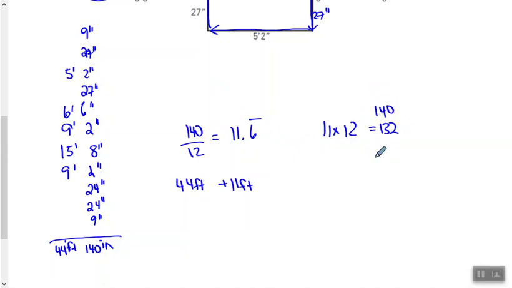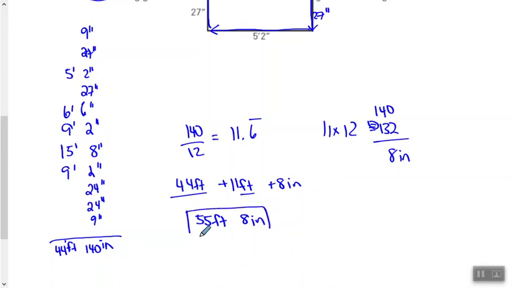I have 140, so how much inches do I have left over? Well, I can see there will be 8. So 44 plus 11, 55 feet and 8 inches of baseboard, at least.